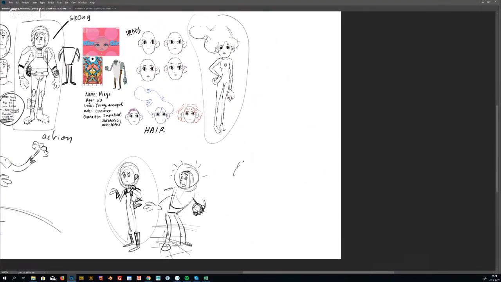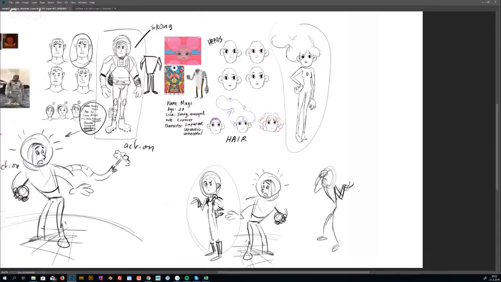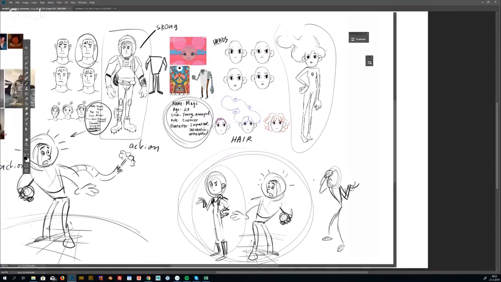So maybe she's touching her head like this, or push that pose a bit. I don't know. Maybe she's doing something else or something. But then it's good to think of a bit more story, so you can draw these poses more.